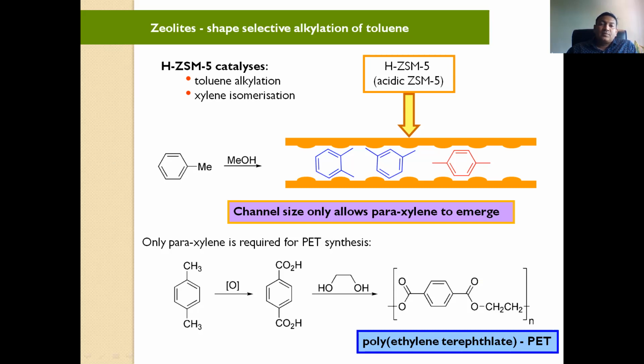Selectively, you cannot prepare it because the possible products are ortho, meta, or para. So our target is to prepare xylene. But again, what type of xylene? Paraxylene. Why paraxylene? Because paraxylene is very important for PET synthesis.